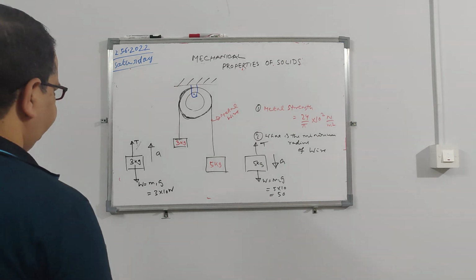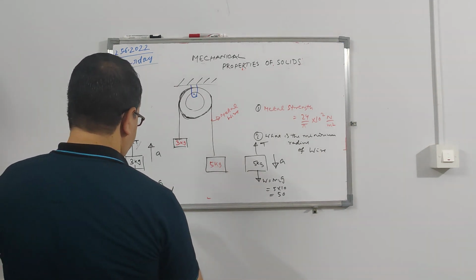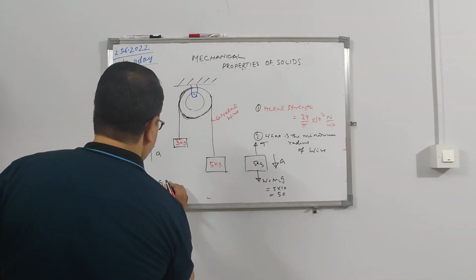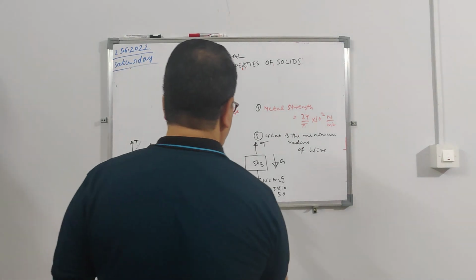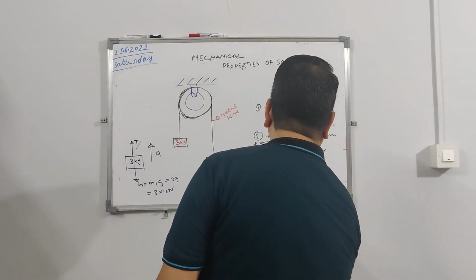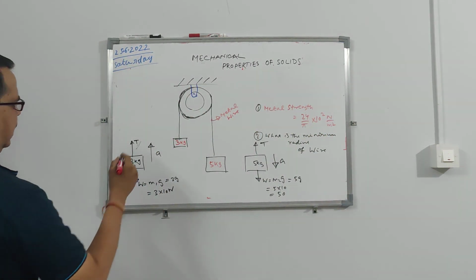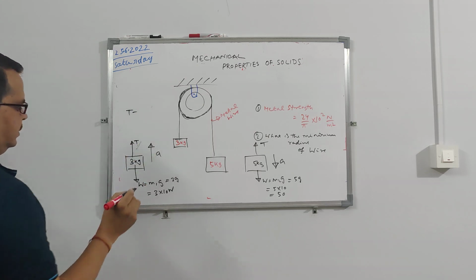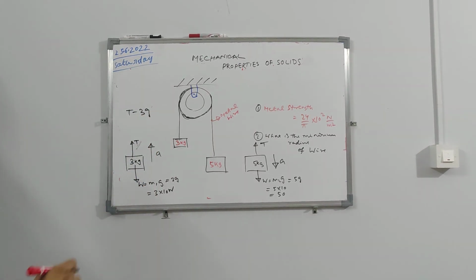Let me write it as 3g here and 5g here. If I do the force balance, it will be T minus 3g, since T is acting upward and 3g is acting downward.